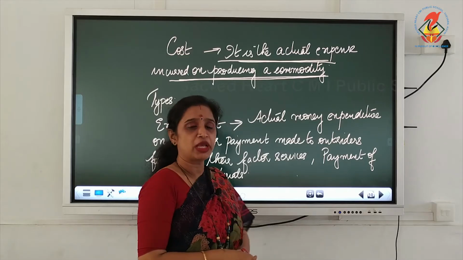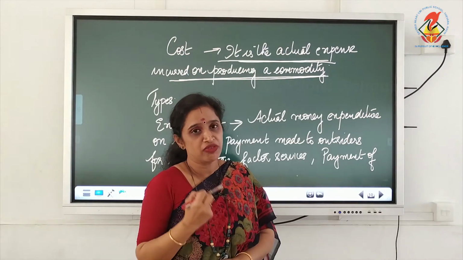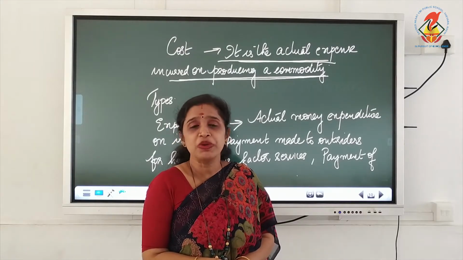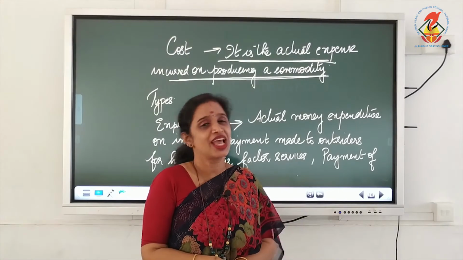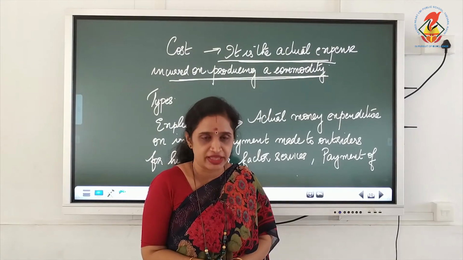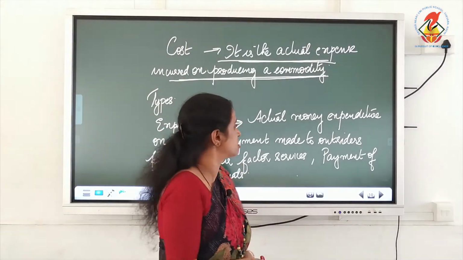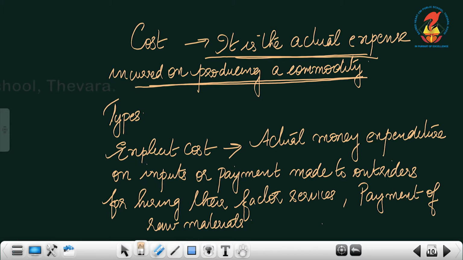Now, there are different types of cost. The important ones that we have to learn in your syllabus, the first one is explicit cost. Explicit and implicit cost come together, so we need to know what is explicit cost and what is implicit cost. What is explicit cost?